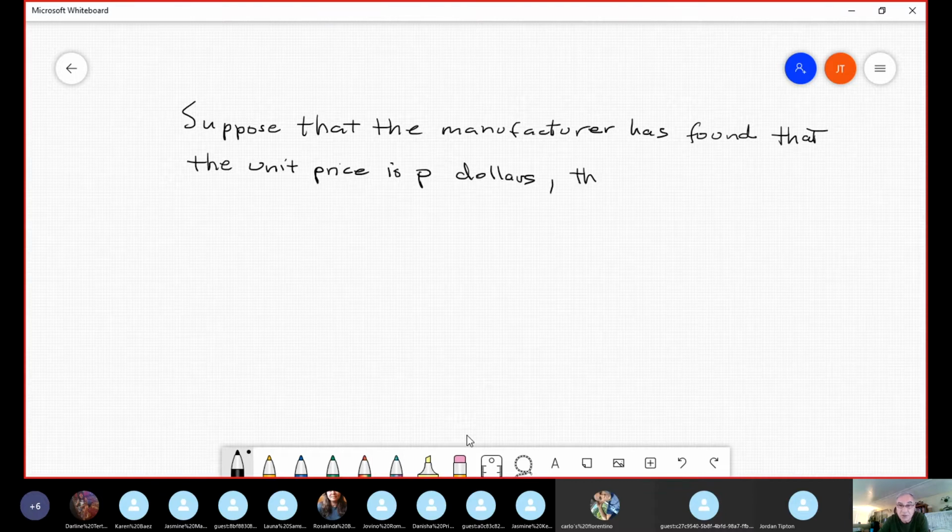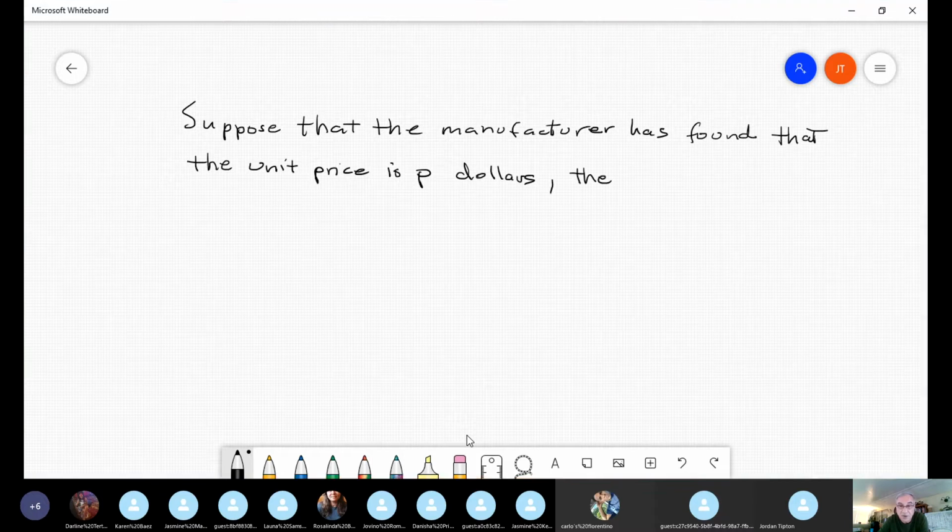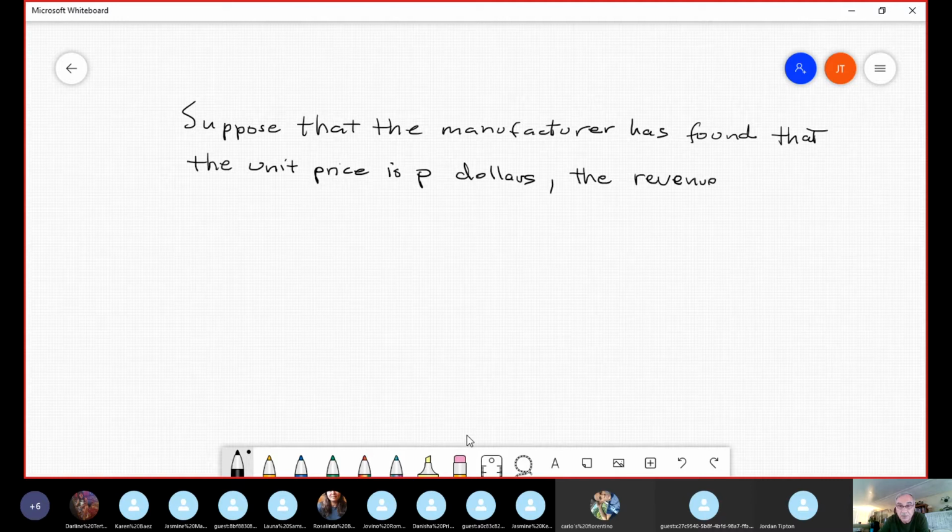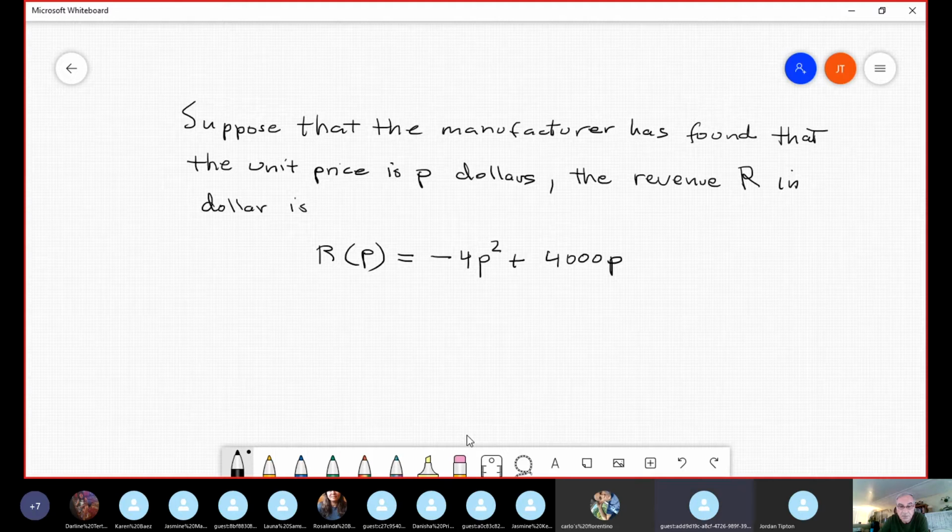And he studied statistics and discovered that the revenue, I want to call capital R, in dollars also, is expressed in this equation. Revenue for any unit price P is equal to -4P squared plus 4,000P.